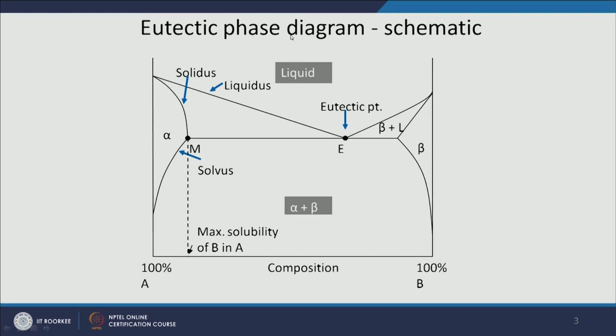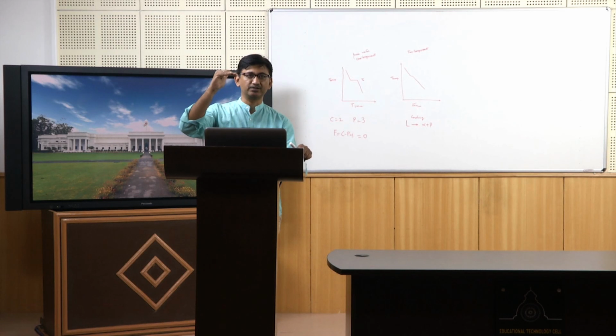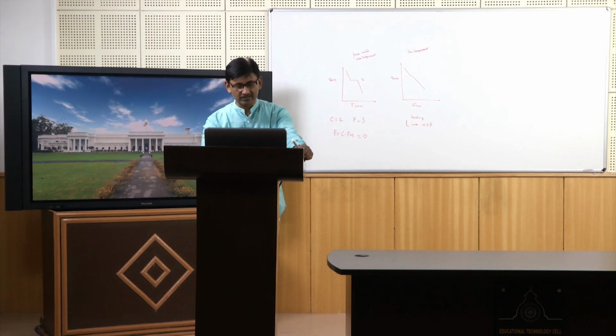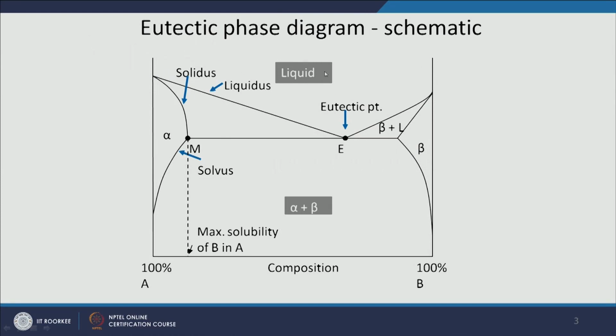In the isomorphous case it was very simple: you had liquid, liquid plus solid, and then solid phase. Here it is more complicated. In the liquid phase there are no phase boundaries, which means there is complete solubility of A in B in the liquid phase.